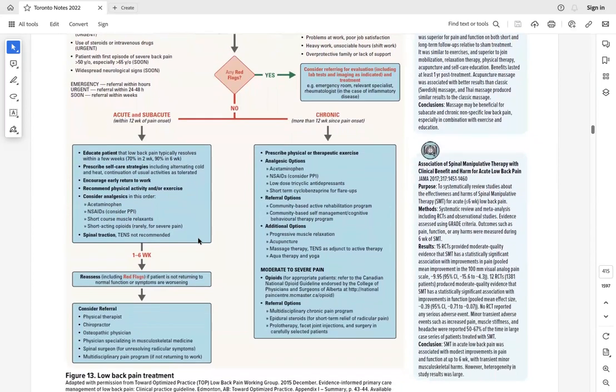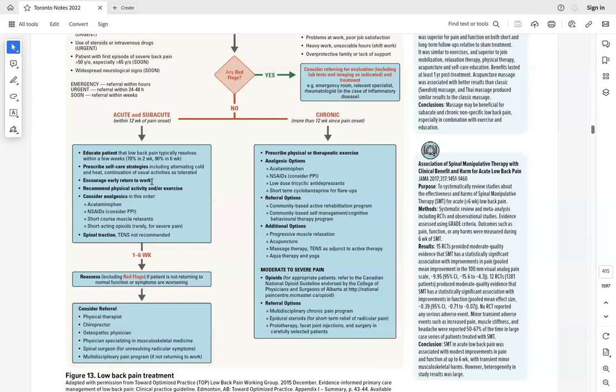So first we're going to educate the patient, then prescribe him self-care strategies like heat and cold, massage, padding. Then encourage a return to work. Sometimes people have back pain and take absence from work, saying they cannot work.